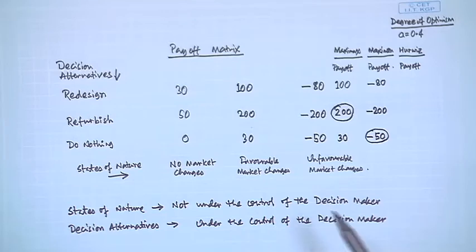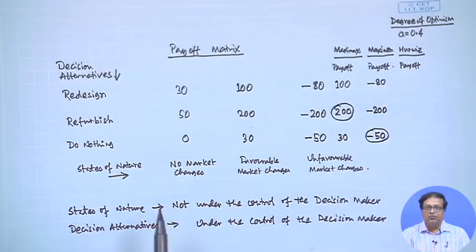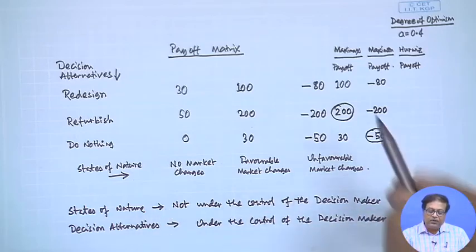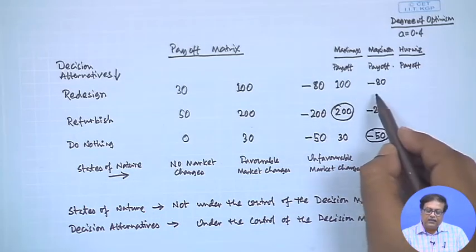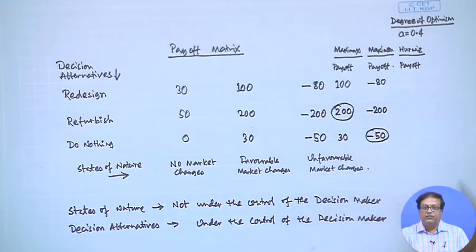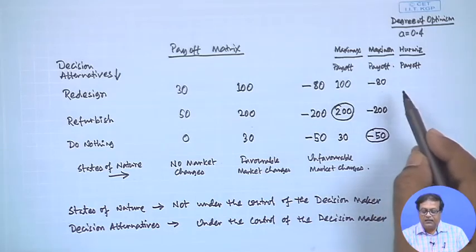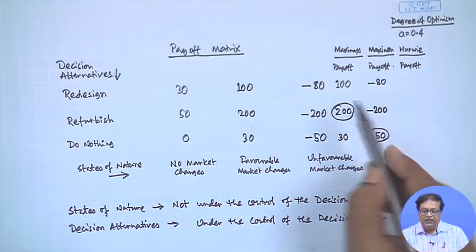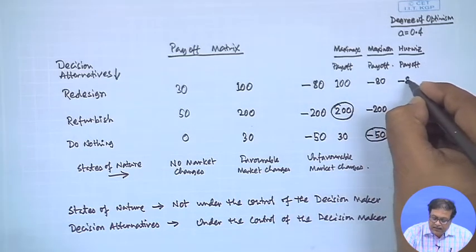The payoff would really be 40% of 100 and 60% of minus 80. So 40% of 100 is 40 and 60% of minus 80 is minus 48. So minus 80 into 0.6 is minus 48, plus 40. So the Hurwicz payoff will be minus 8.